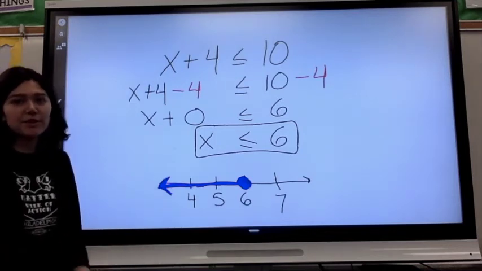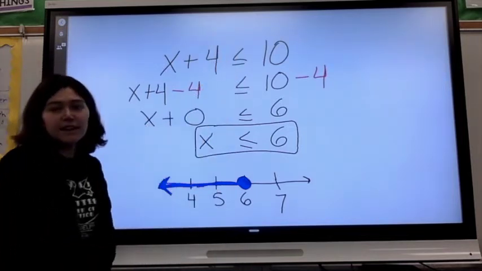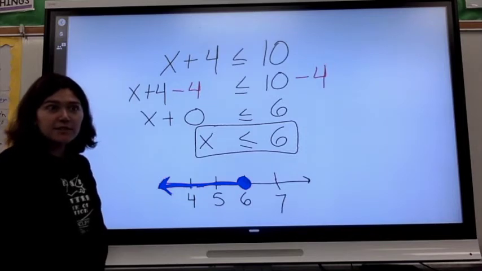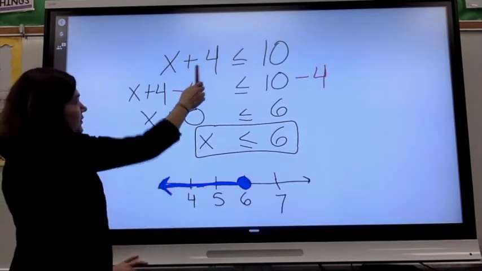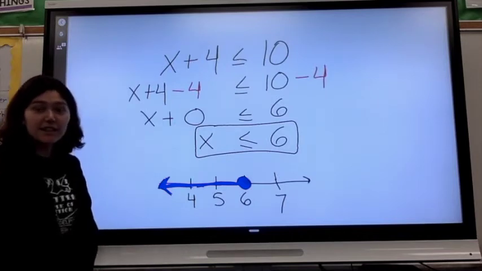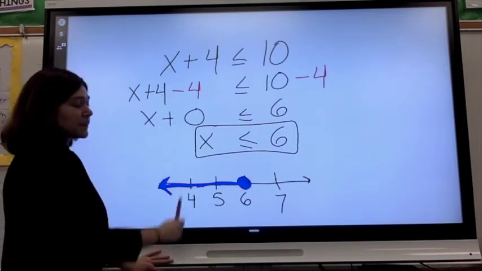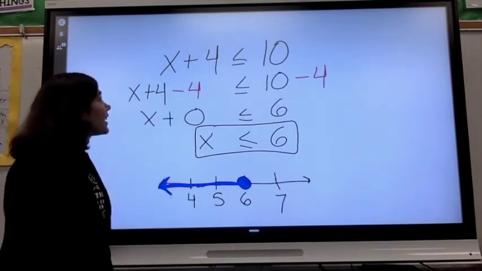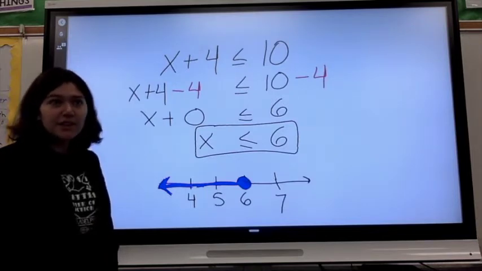Just to make sure we understand what that means, 5 plus 4 is 9. Is 9 less than or equal to 10? Yeah, 9 is less than 10. 4 plus 4 is 8. Is that less than or equal to 10? Yeah. I can pick 4.5. That's going to give me 8.5, also less than or equal to 10.